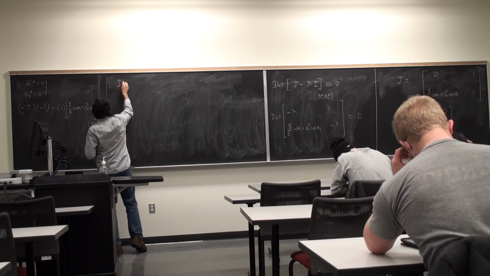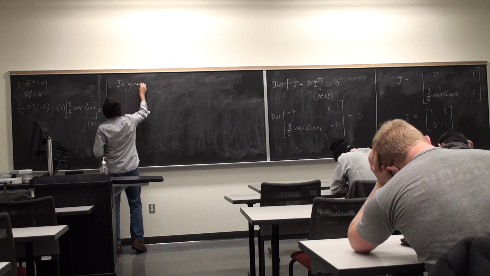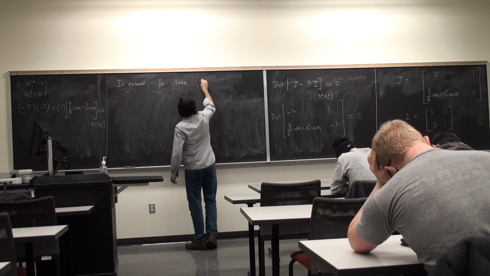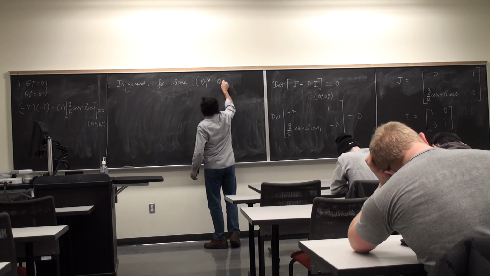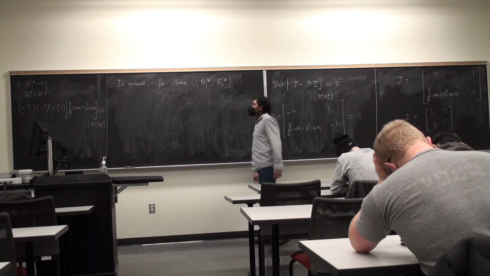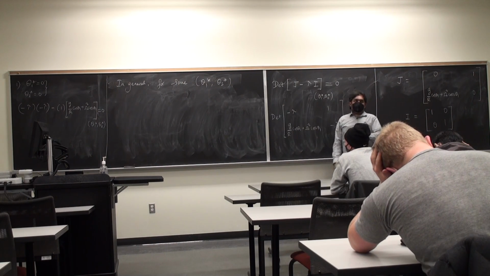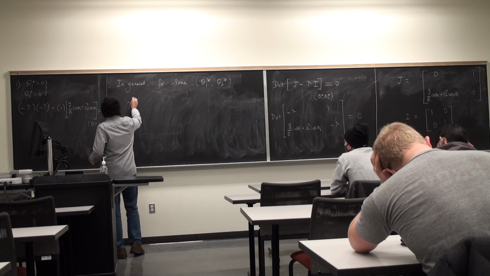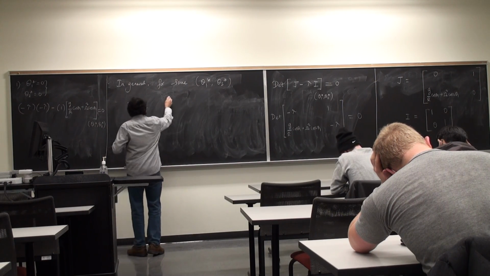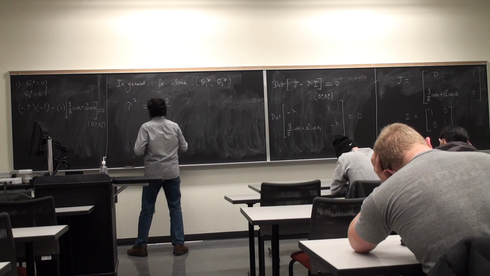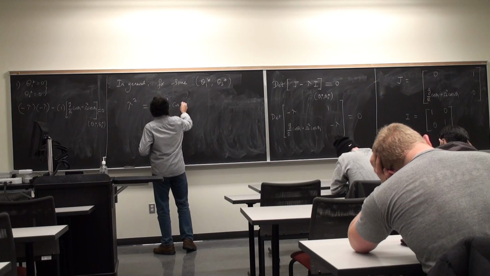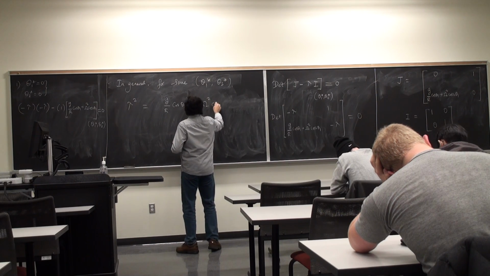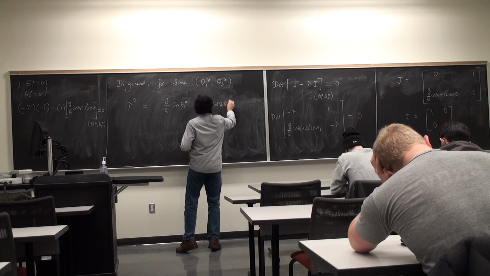In general, for some theta 1 star and theta 2 star, I'm going to have lambda times lambda, lambda square, the negative sign vanishes. Lambda square is equal to g by r cosine theta 1 star plus omega square cosine 2 theta 1 star.